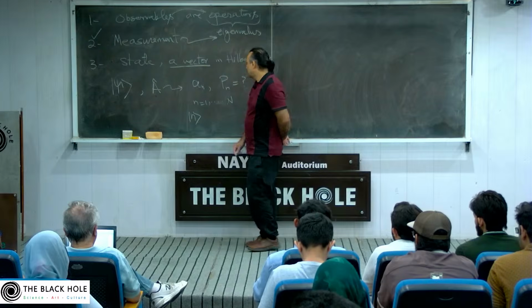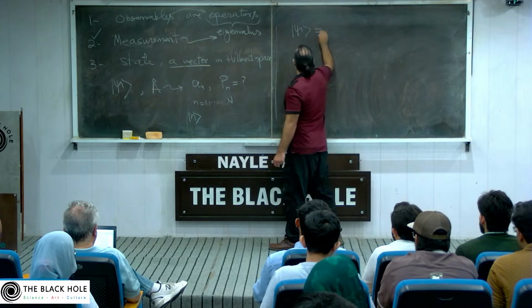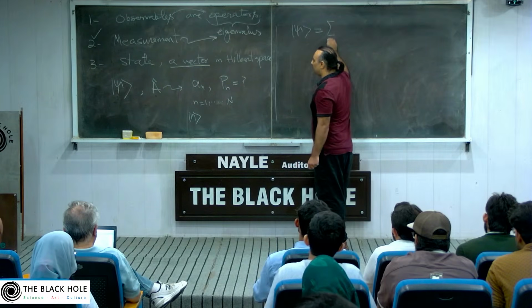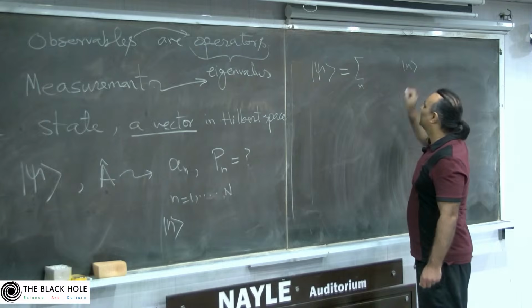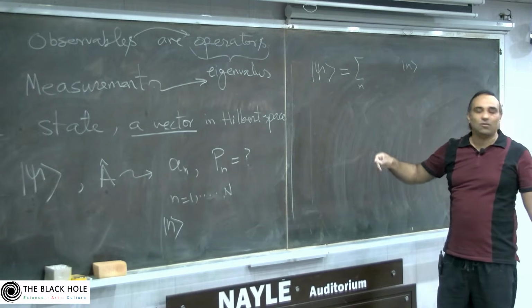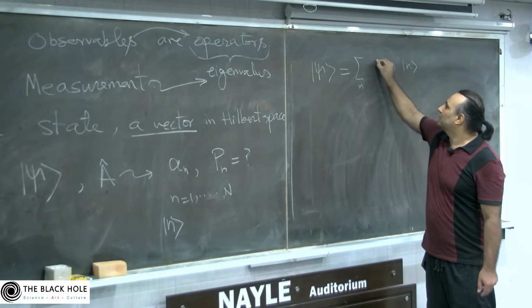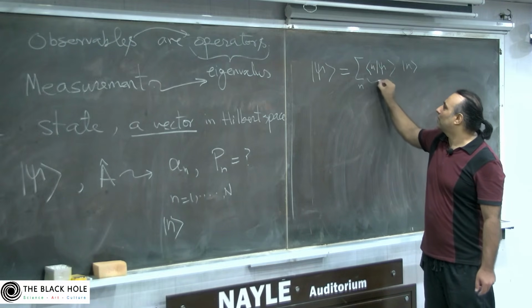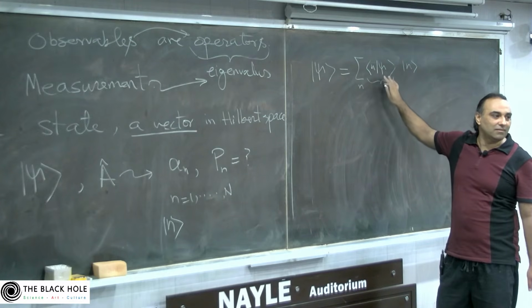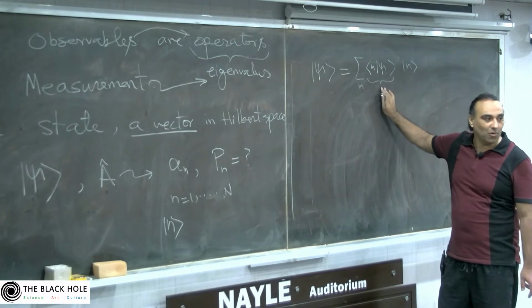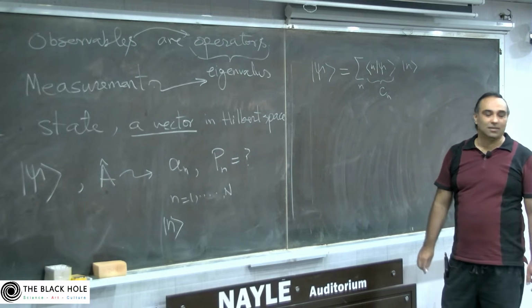Now what we can do is expand psi in terms of these n's, and there will be some expansion coefficients. We usually don't write this as a product here, we write it like this.